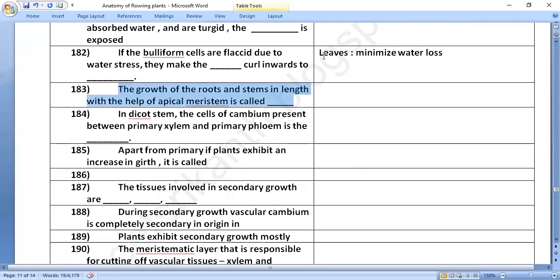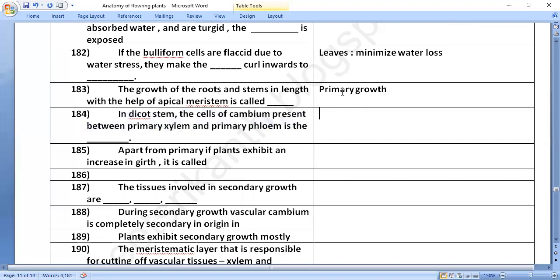The growth of the roots and stems in length with the help of apical meristem is called primary growth.